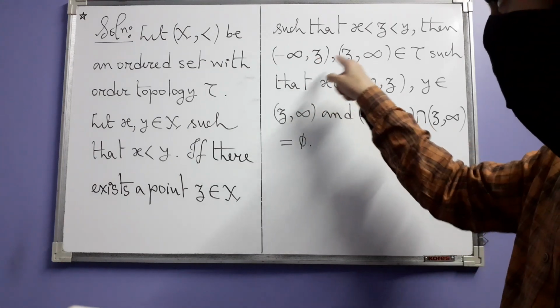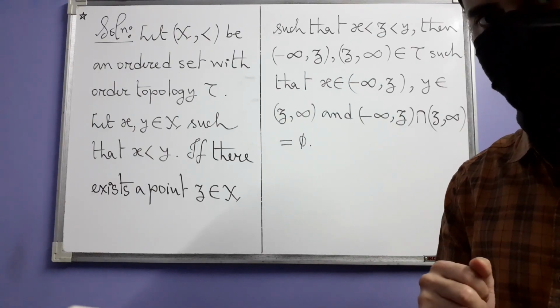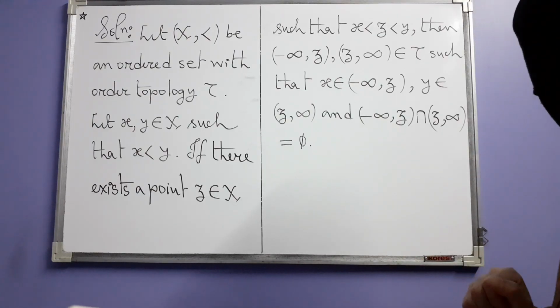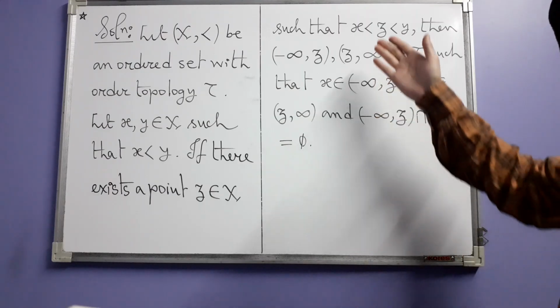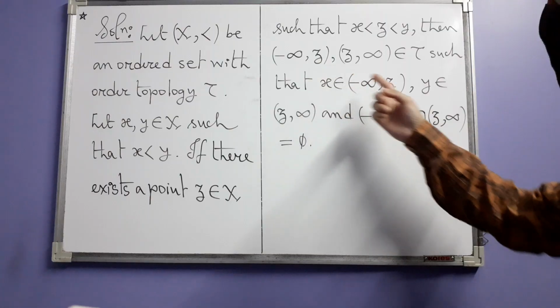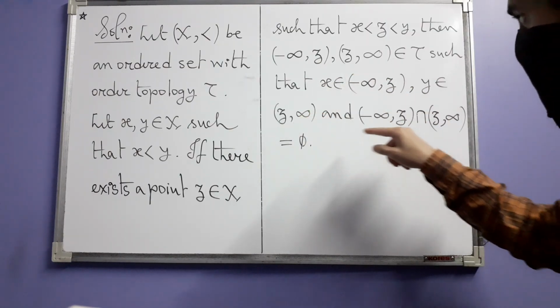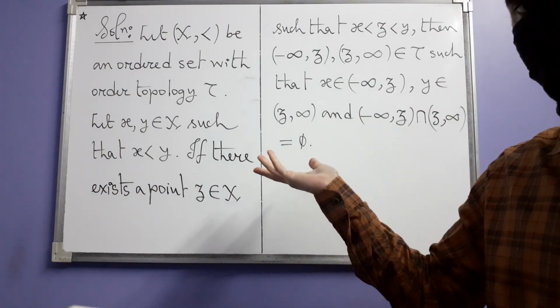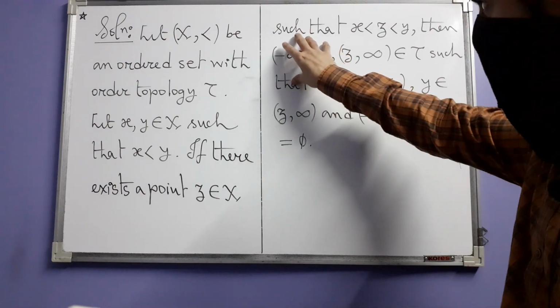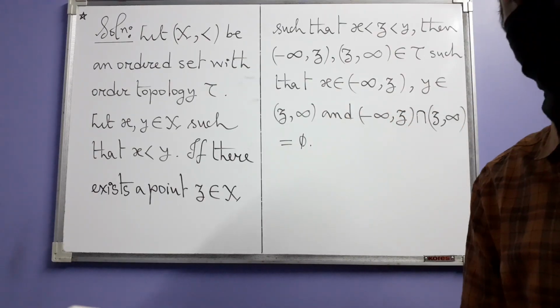Recall that this type of sets form a sub-basis for the order topology on an ordered set. So they are open, and clearly from these inequalities we see that X belongs to this, Y belongs to this, and they are disjoint also. So here we have found a neighborhood of X and a neighborhood of Y which are disjoint.